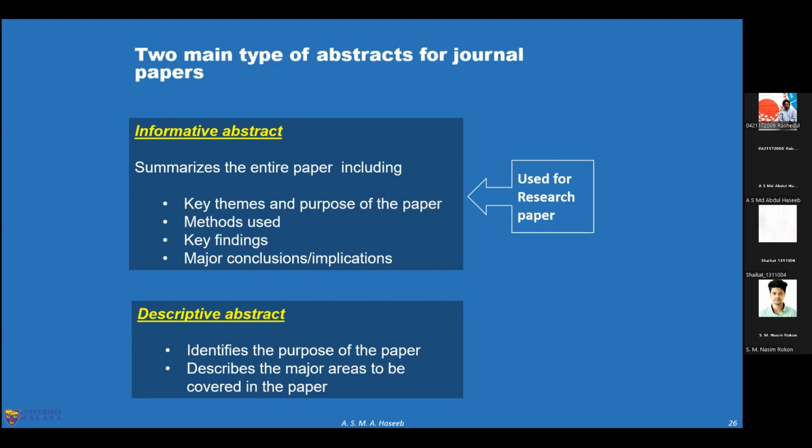Then you have methods, and then you have key findings, which is the results, and then major conclusions or implications, which is somehow linked to the discussion. The second type is suitable for review paper. So when the paper that you have written is based on the research results described in the literature, we call it a review paper. So in the review paper, this kind of descriptive abstract is used.